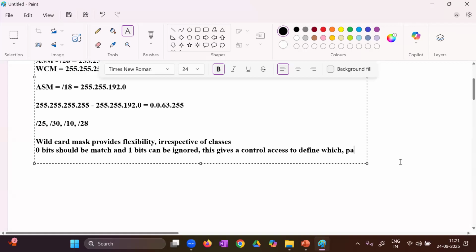One more thing we can write: it is also applicable in ACL, access control list, which defines the permit and denied traffic.